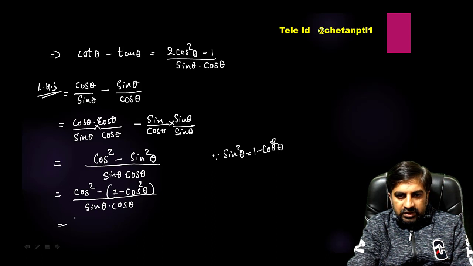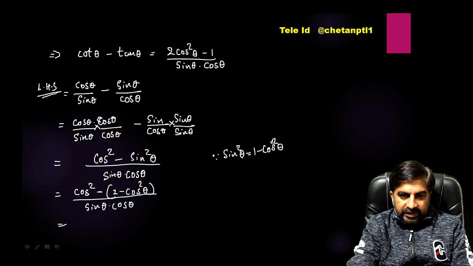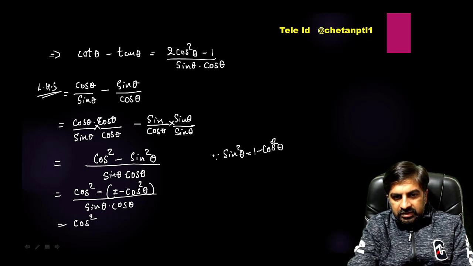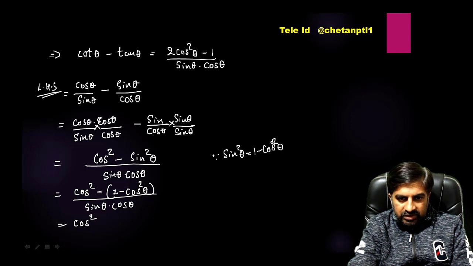Now the next thing is that we are going to open this. Here generally students make mistakes, so please be very careful. Minus is there in front of the bracket, so this minus we have to multiply with both these terms. So minus into plus 1, we will get minus 1, and minus into minus gives plus cos square theta, and the denominator is sin theta into cos theta.